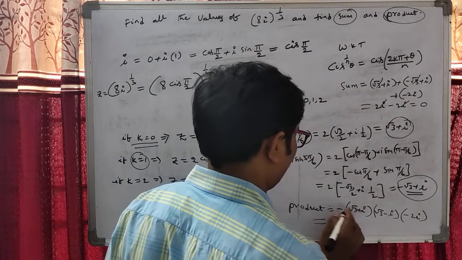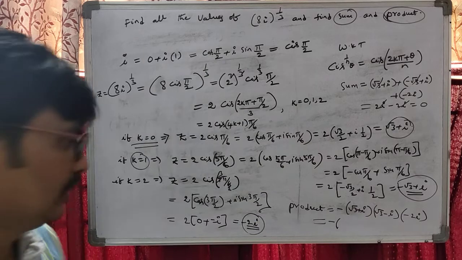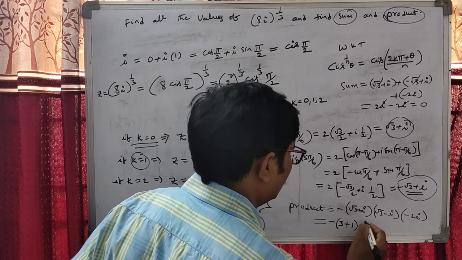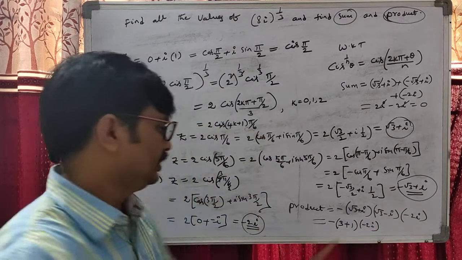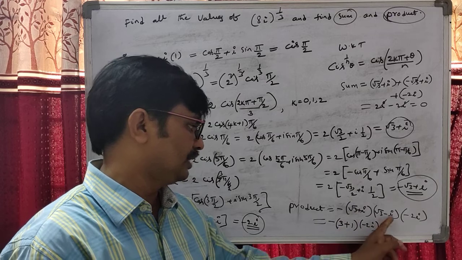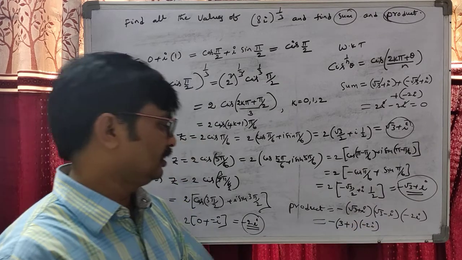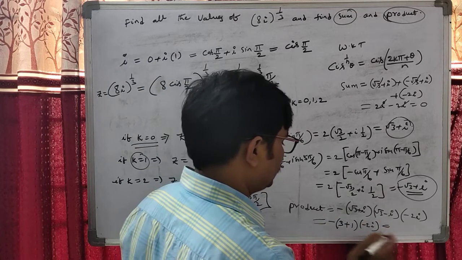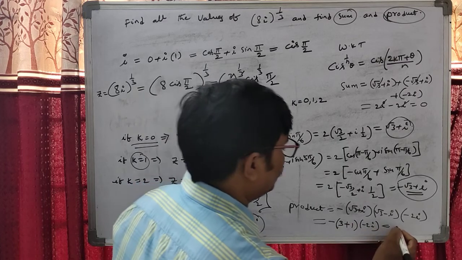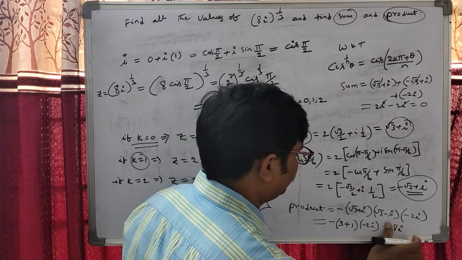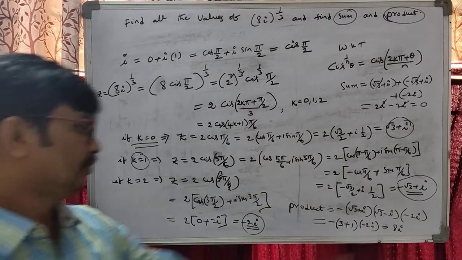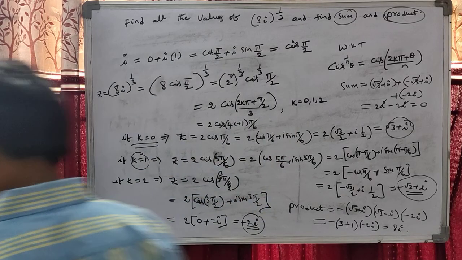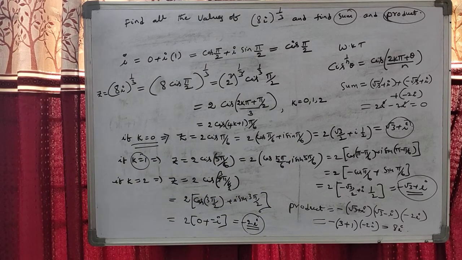So students, this is a square minus b square: a square is 3, b square is i square, which is minus 1, times minus 2i. A square minus b square is 3 plus 1, which is 4. Minus into minus is plus, so 4 twos are 8i. Are you understanding, students? This is the product.